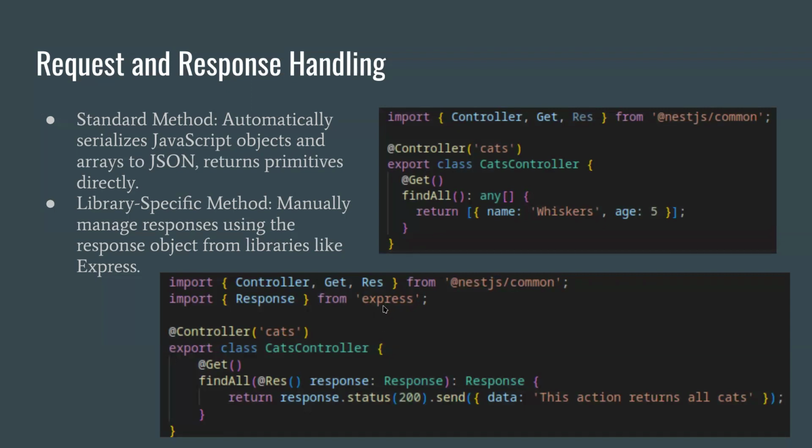This allows you to manually set status codes, headers, or other response parameters. This can be powerful, but with power comes the need for careful handling to maintain clean and testable code.